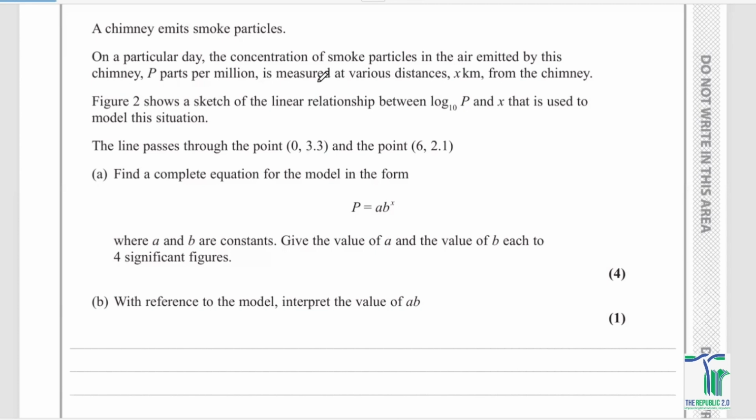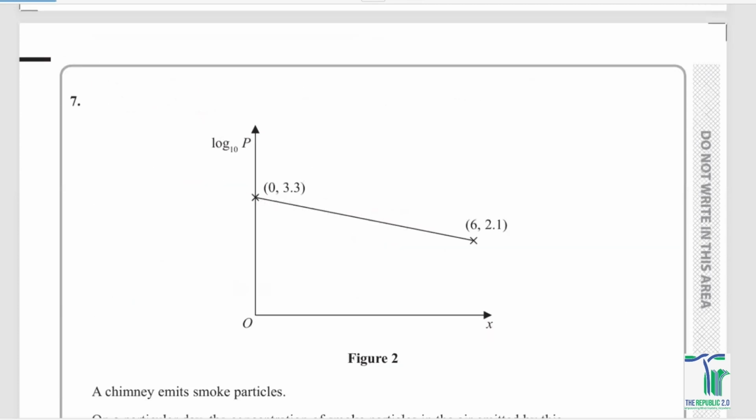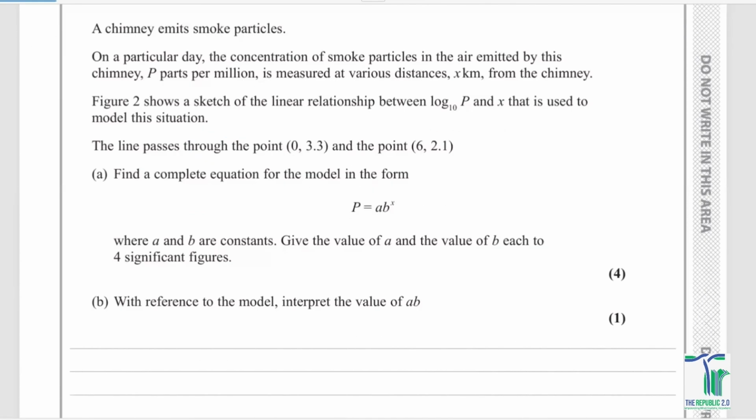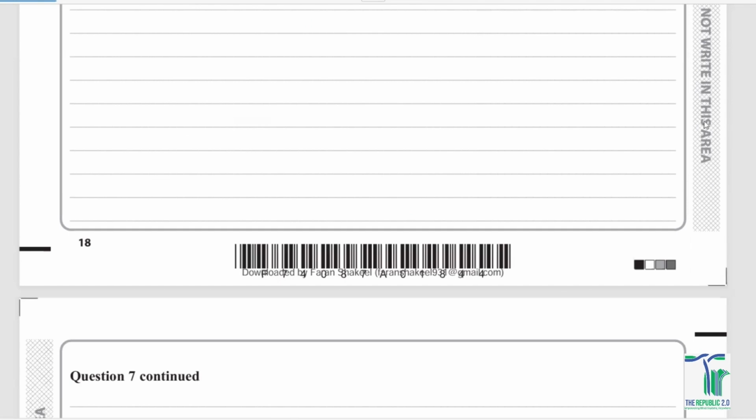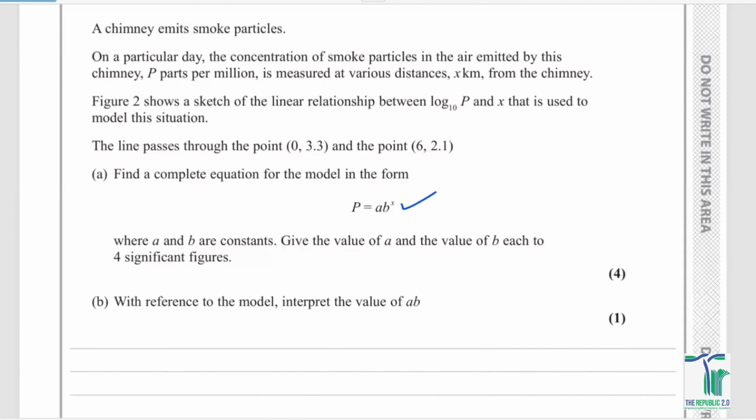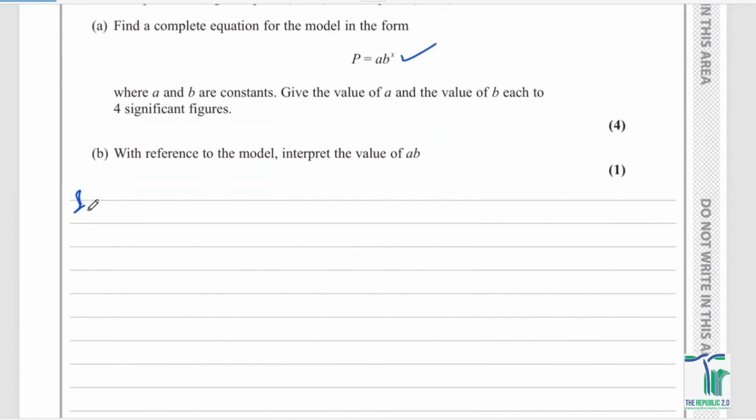So first of all, if you look back into the graph, you've got an intercept that is 3.3, and that is log10 p. Since we'll need to look for the value, we need to get the value of p from 3.3. So I'm just going to write that model down. You would be having log10 p equals 3.3.